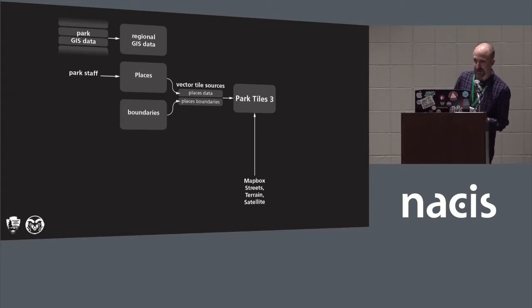So in the diagram, all the pieces that you see in the lower part, we have park staff feeding data into places, but there's no arrow connecting park GIS data and regional GIS data to the overall system. So there's that disconnect there.